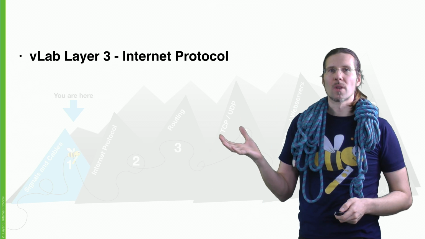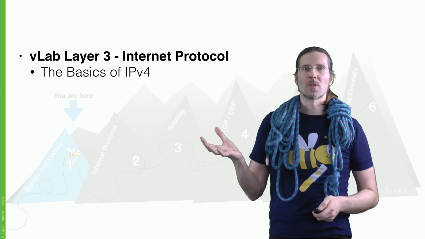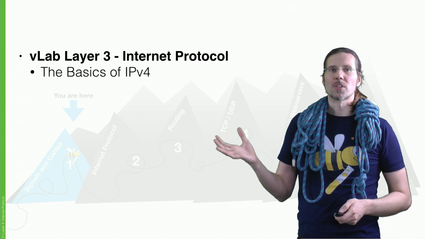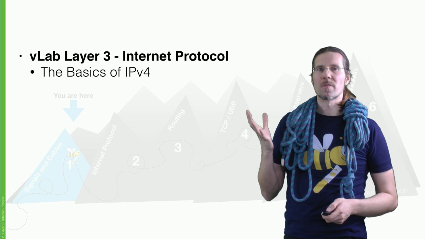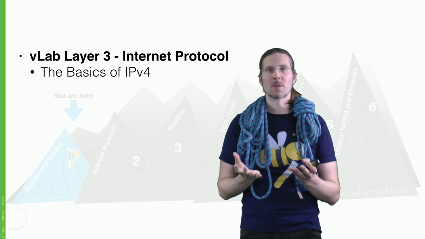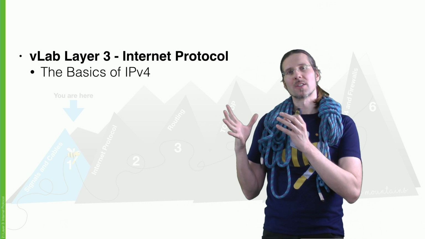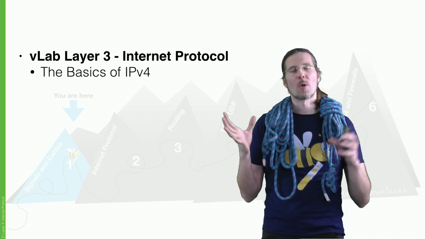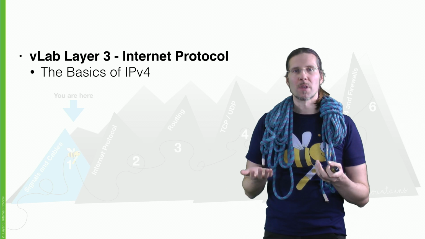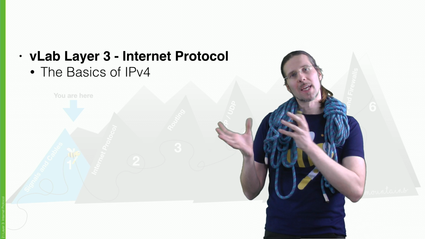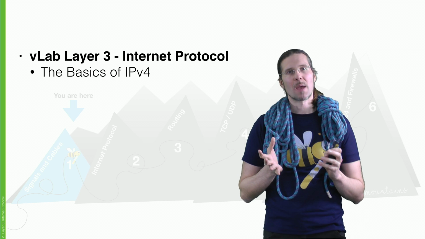Next time we'll look at VLAB layer 3, the Internet Protocol, and we'll start with IPv4. IPv4 was the first version of this Internet Protocol. It allows us to address hosts among multiple hops, provides some interesting mechanisms, and is getting replaced by IPv6.